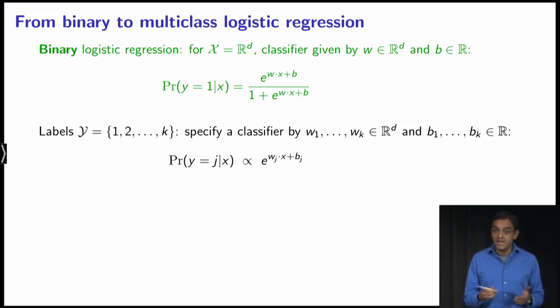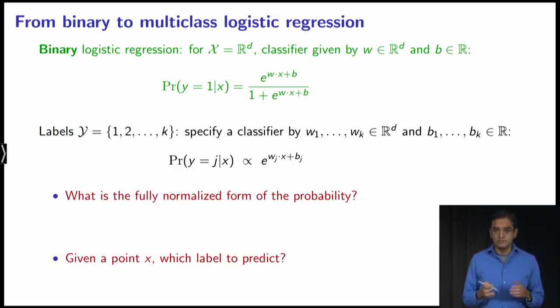For any given point x, the probability that y equals j is going to be proportional to e raised to the jth linear function, wj dot x plus bj. The higher this linear function, the more likely it is that the label is j.